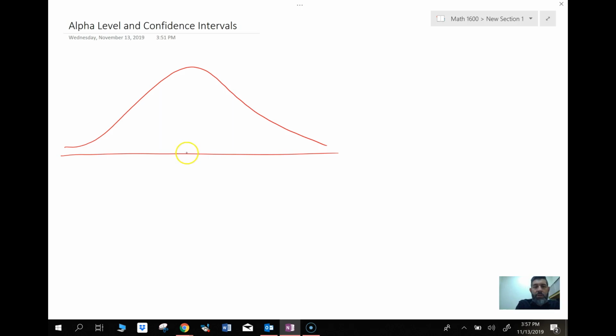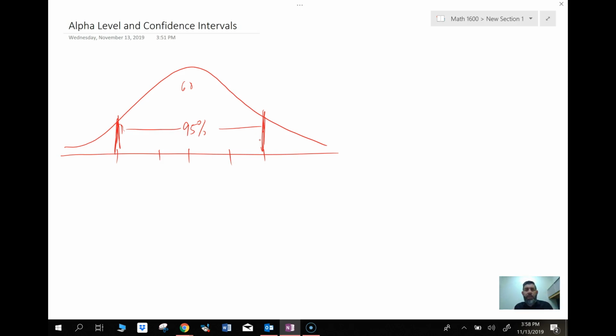If we look at our empirical rule, it's the 68, the 95%, and then 99.7% is 3 standard deviations from the mean. But if we're looking at 2 standard deviations from the mean, 95% of the population is within there. So if my sample was outside of that, it would be a weird sample. It would be really weird to see that sample happen if the null hypothesis were true.